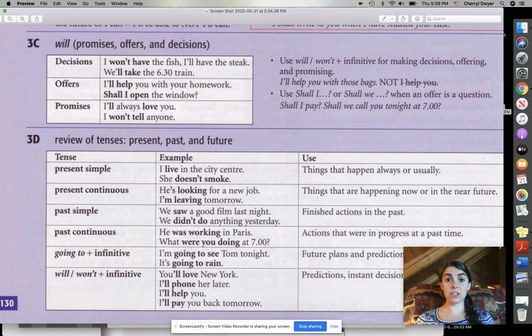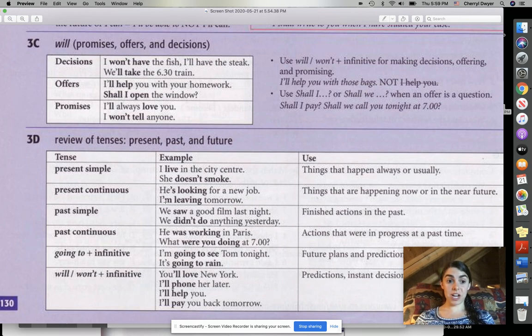Okay, so yeah, he's looking for a new job. Or I am leaving tomorrow. So it is about tomorrow. That's in the future, but it's really soon. So they're using present continuous. All right. We did that at the beginning of the year.